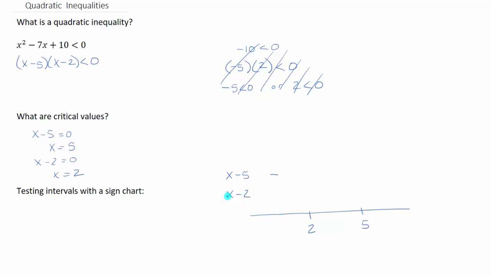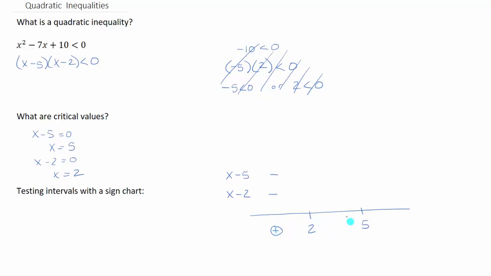So trying a 0 here, 0 minus 2 gives me a negative. Now those factors were being multiplied, so we need to go ahead and multiply. A negative times a negative gives us a positive interval. So anything that comes from this interval, any number I would pick from here, if I would use that number for x in my inequality, it would cause that to be positive.